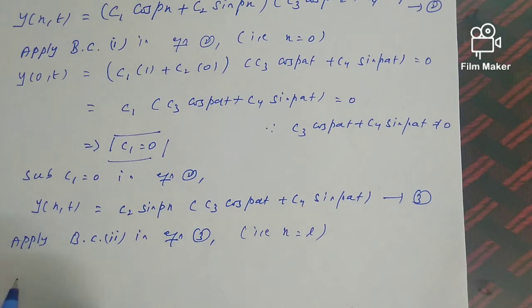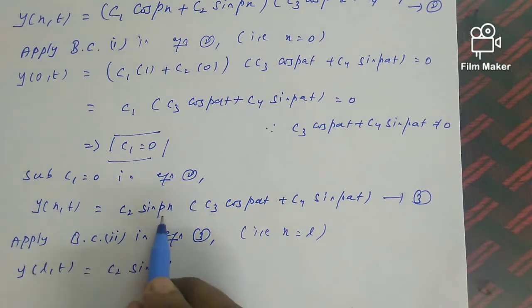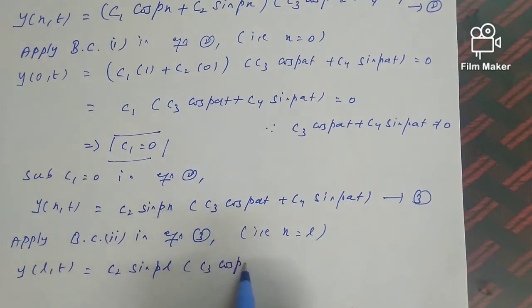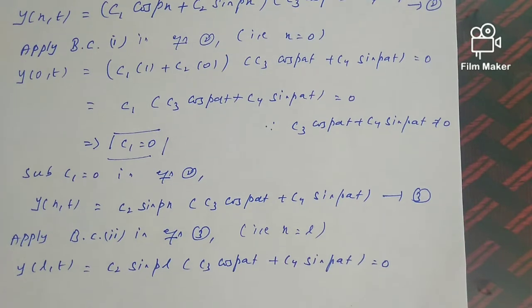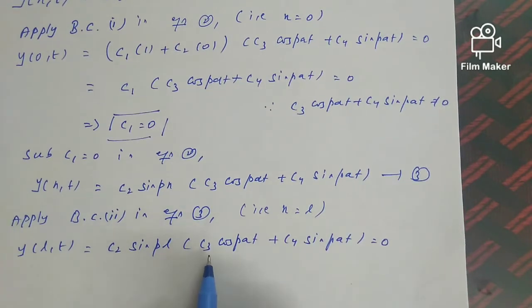So the left hand side will become y of L comma t equal to C2 sin pL, because here only x is there, remaining all the place there is no x, into C3 cos pat plus C4 sin pat equal to 0. Here also already we have discussed that C3 cos pat plus C4 sin pat is not equal to 0.